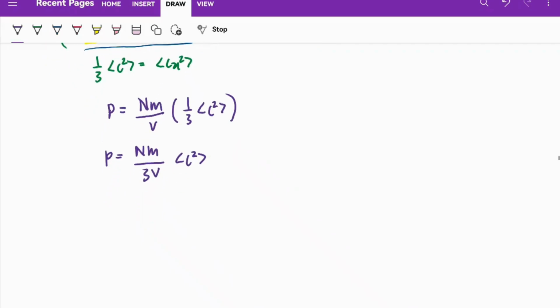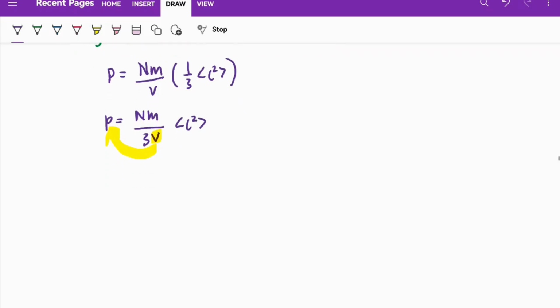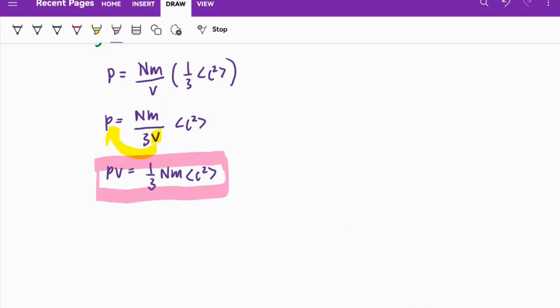Okay, so we can actually bring our v here. I'll show you in a while why I'm doing that. PV equals 1 over 3 n m c square. Okay, we have finally come to our mean square speed equation where PV is the subject.